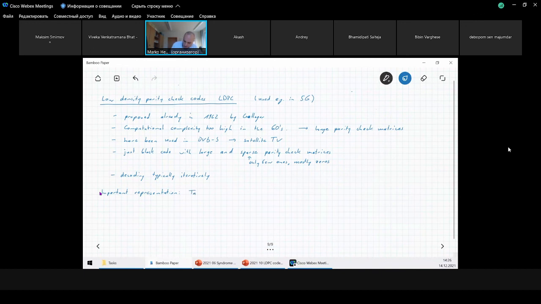So the Tanner graph basically illustrates this parity check matrix H. Let's say we treat the 7,4 Hamming code as if it was a good low density parity check code.